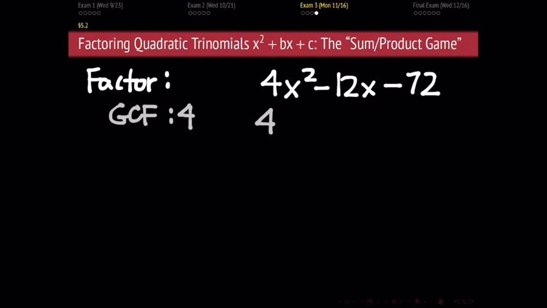So if I factor this 4 out, what's going to be left inside the parentheses? What's going to be left in the first term after we factor out a 4? X squared. If I factor a 4 out of 12x, what's left over?